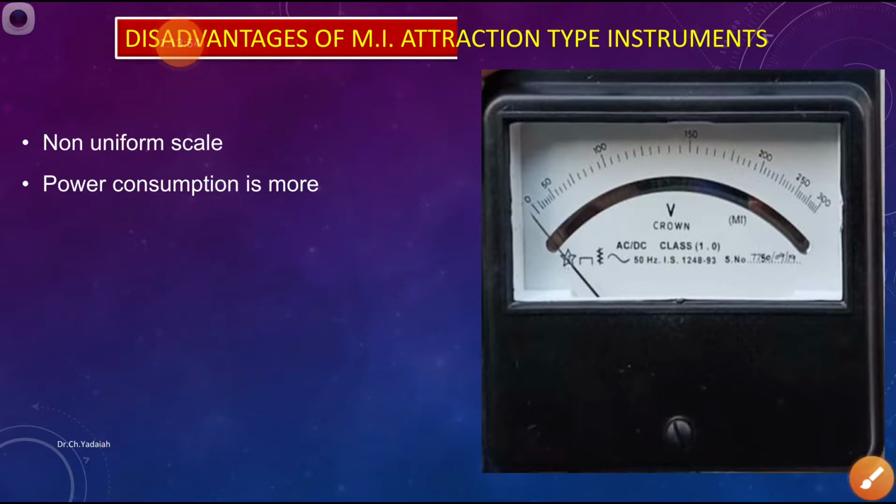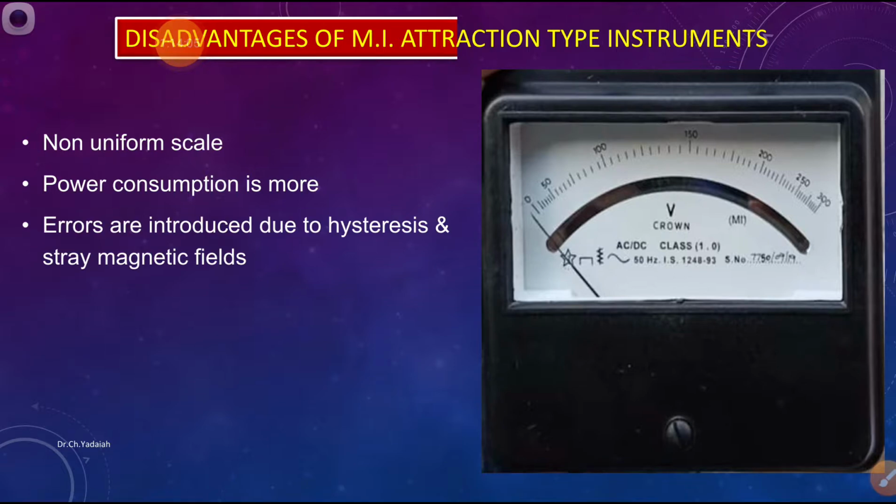Next, the power consumption is more. In this case, we require a strong magnetic field to attract as well as magnetize the two iron pieces, so more current is required. And errors are induced due to hysteresis and stray magnetic fields. Hysteresis is due to the magnetic materials.